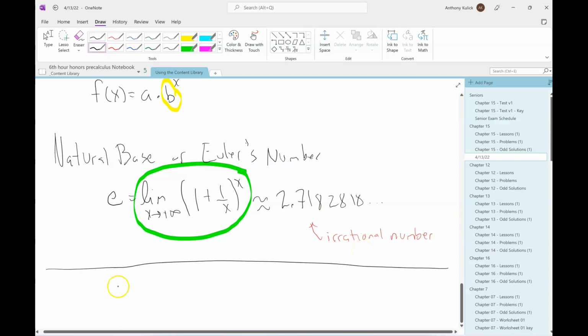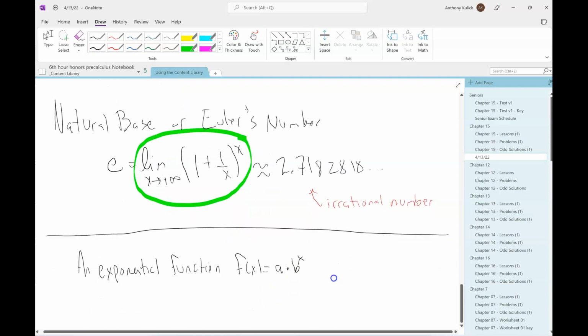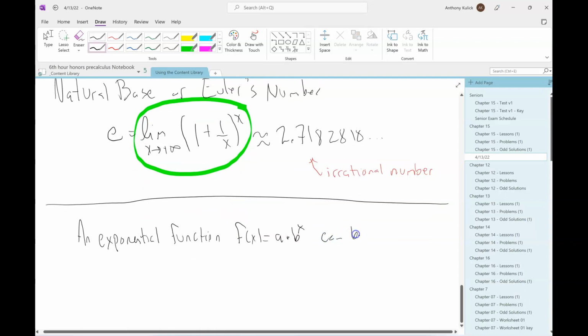So now an exponential function f of x equals a times b to the x can be written in the form f of x equals a times e to the kx.